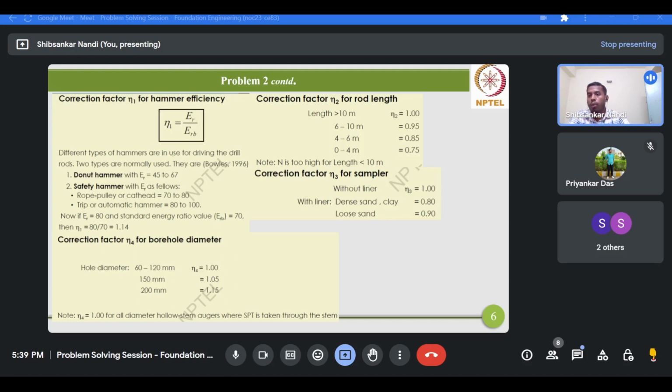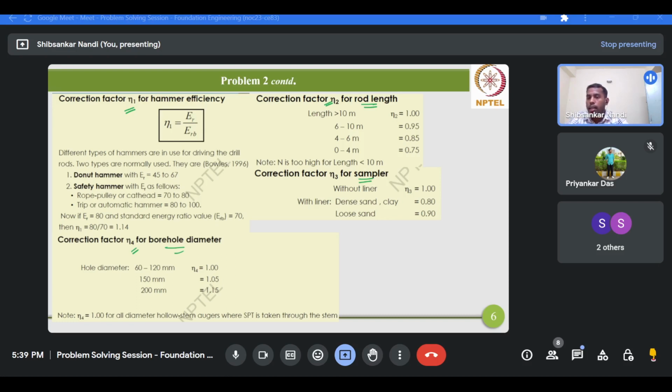First of all, eta 1 corresponds to correction due to hammer efficiency, eta 2 corresponds to correction due to rod length, eta 3 sampler correction, and eta 4 borehole diameter correction. One by one we'll calculate all these correction factors. We'll start with the hammer efficiency correction factor, which you can calculate from the ratio ER divided by ERB.